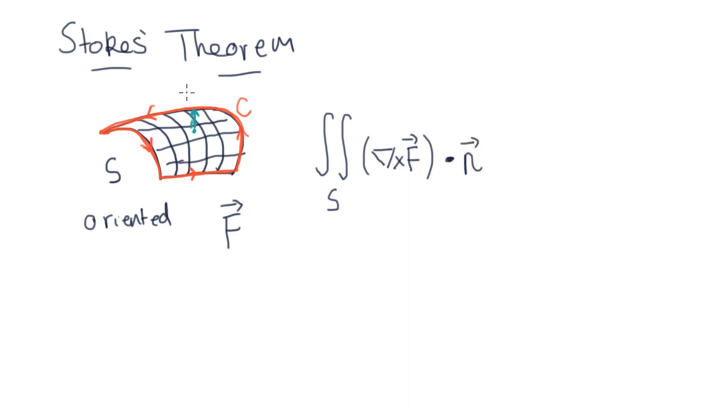And so here's my normal direction pointing upward like that. And I add up the contribution over each little piece of the surface, or the surface elements. That's going to equal the circulation integral along the boundary.